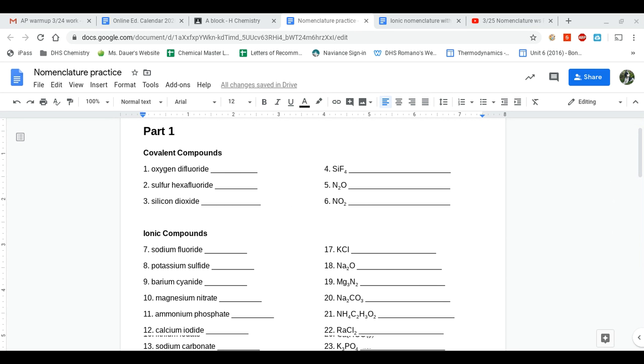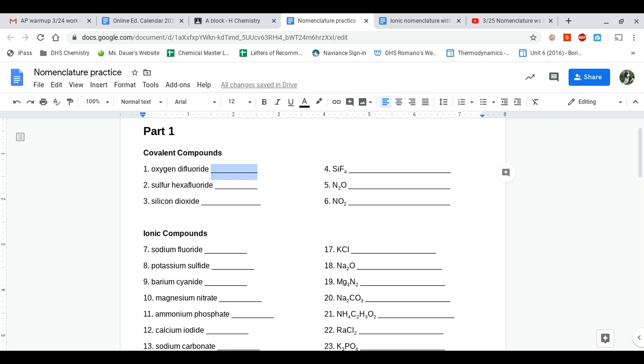The first example, number 1, oxygen difluoride. For oxygen difluoride, we are given the nomenclature and we need to create the formula for it. So what we'll note is in a covalent compound, you are told the prefixes, and those indicate the number of atoms of each substance. Oxygen doesn't have a prefix on it, which means that we must only have one oxygen.